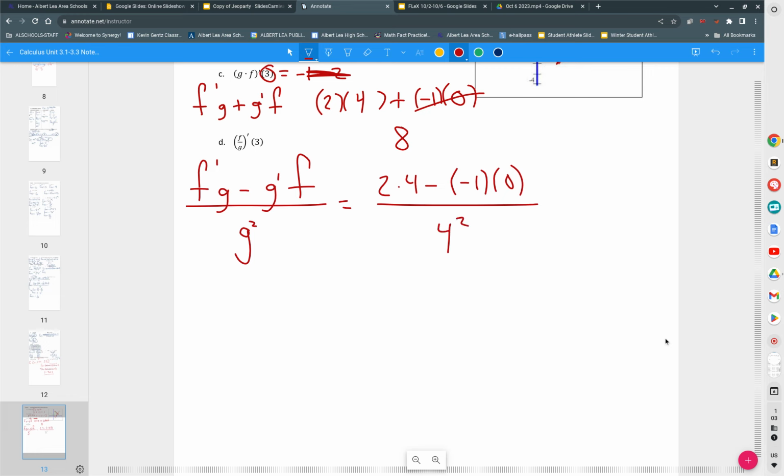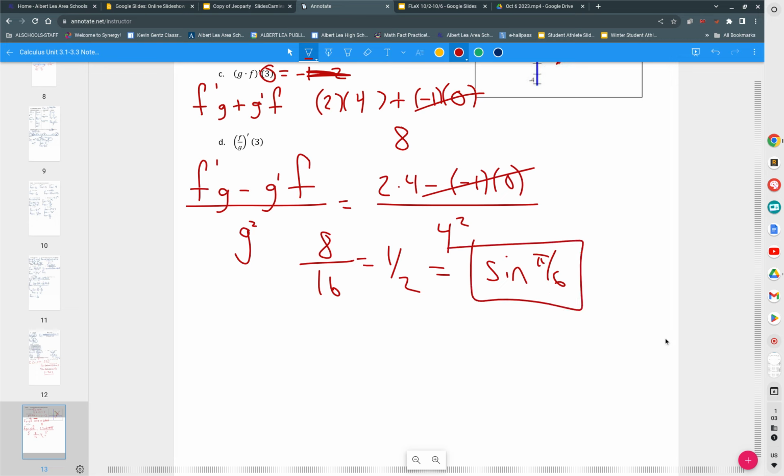Okay, so you should have 2 times 4 on top minus -1 times 0 over 4 squared. Is that correct? And so notice that the -1 times 0 goes away. You get 2 times 4 is 8. 4 squared is 16. You get 1/2, which is also, if you remember, the sine of pi over 6. And that's your final answer.